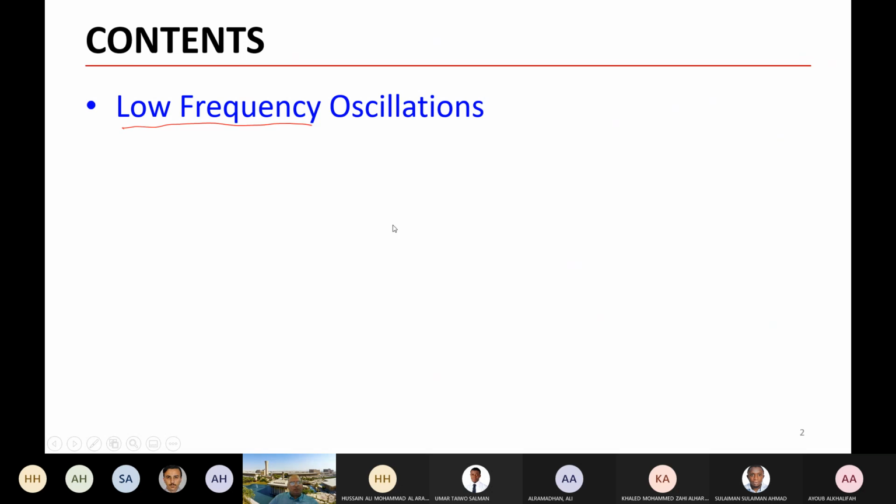How much of the frequency are we targeting or discussing here? Ayub? You mentioned it one time, from 0 to 3 hertz. Yes.